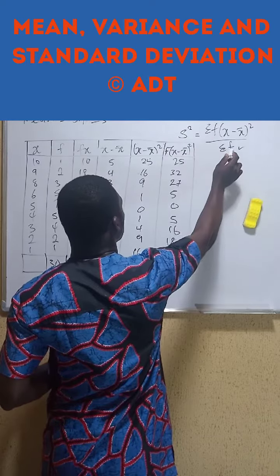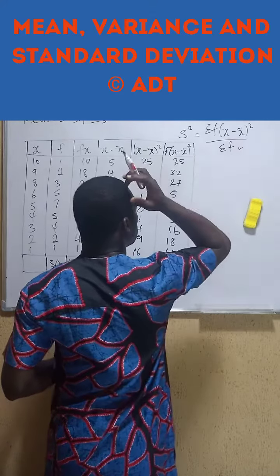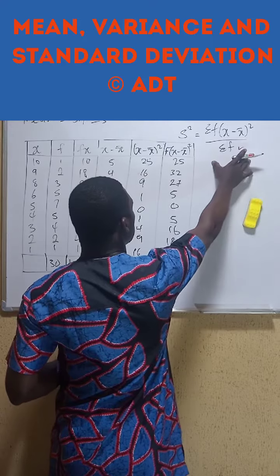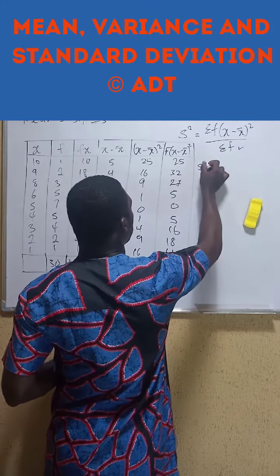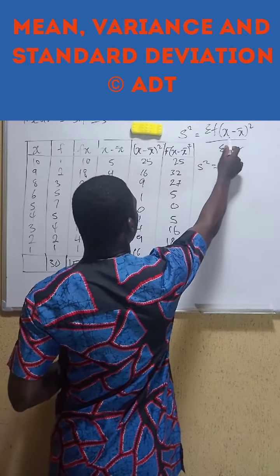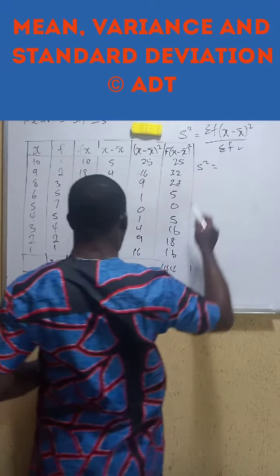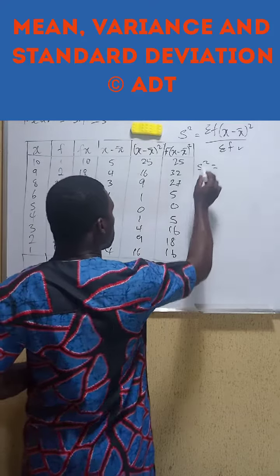According to the question, we're supposed to use this formula to find the variance. Applying it, variance is going to be summation of f of this divided by this, and we have actually found that.